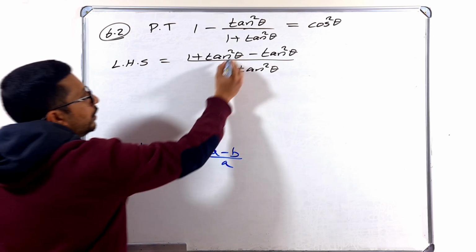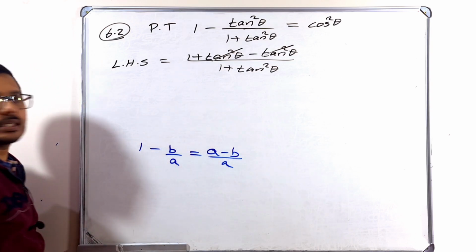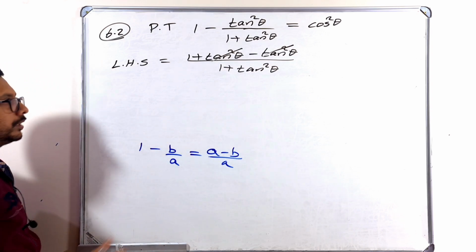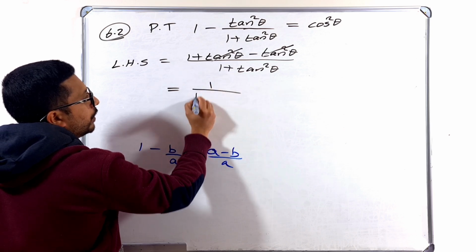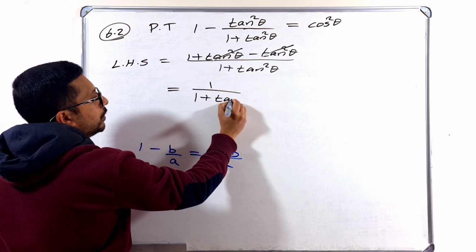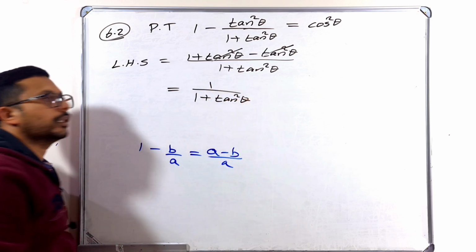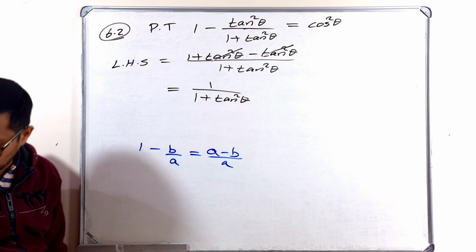So here you can cancel the plus tan square theta and minus tan square theta. What is remaining? 1 divided by 1 plus tan square theta.